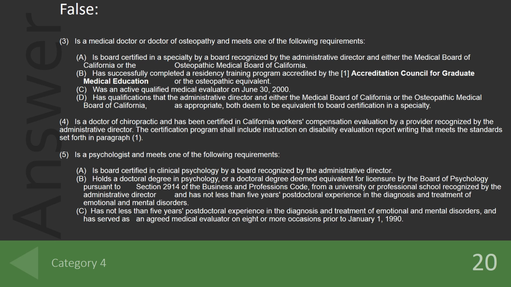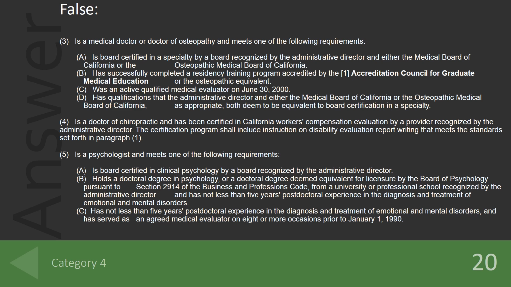For medical doctors, doctors of osteopathy, and psychologists, that 12-hour QME report writing course is a separate and distinct course, because as we've already seen with regards to medical doctors and doctors of osteopathy, there is no required course work in California Workers' Compensation evaluation.